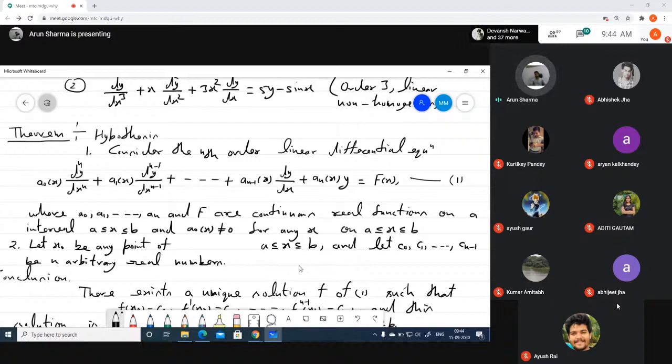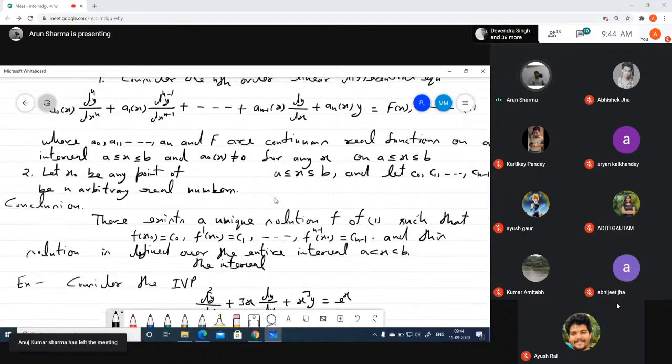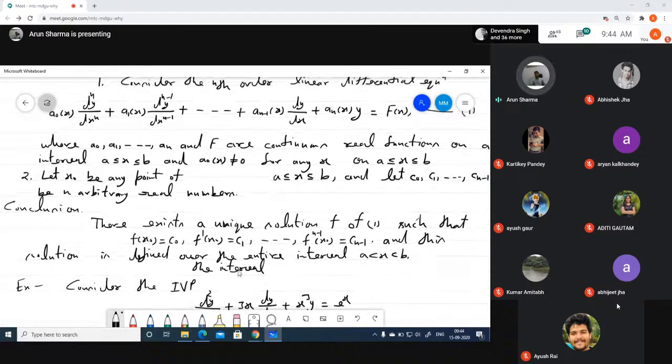This is given to us. The next point is: let x0 be any point of the interval, and let c0, c1, cn minus 1 be arbitrary real numbers.